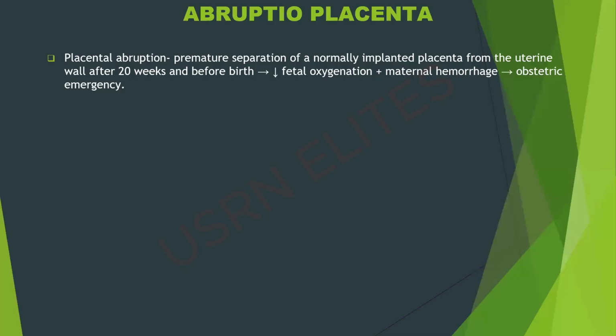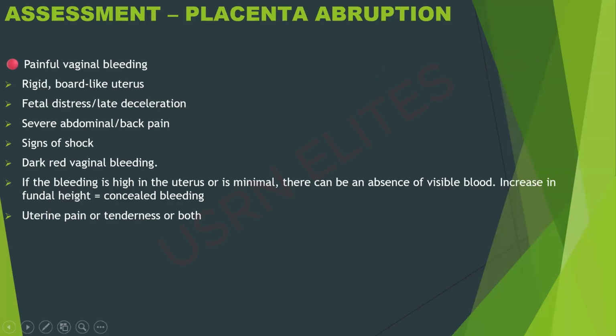So what are you going to do? Something that is abrupt is painful. So that's why when we compare this to previa, previa is painless, isn't it? But with this one, because it's abrupt, sudden separation, it becomes painful.